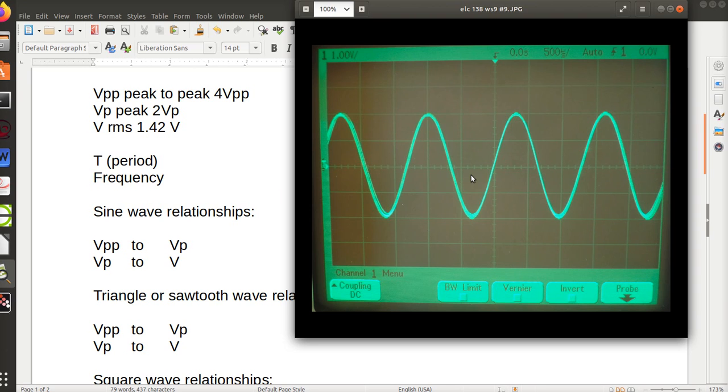Now the period. The period is the horizontal squares. And when you're measuring the period, and this is a judgment call on your part, what's convenient, you want to go from where the waveform peaks to the next peak. You can go from where it crosses 0 going positive to the next point that it crosses 0 going positive.